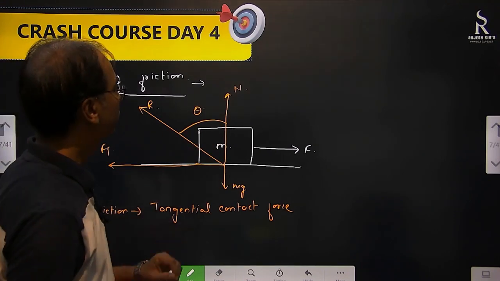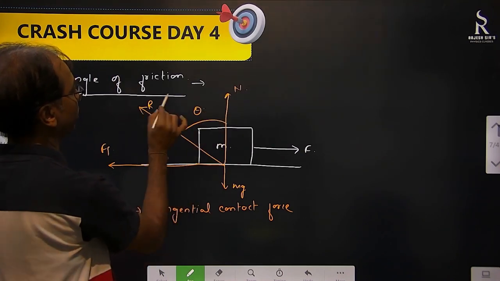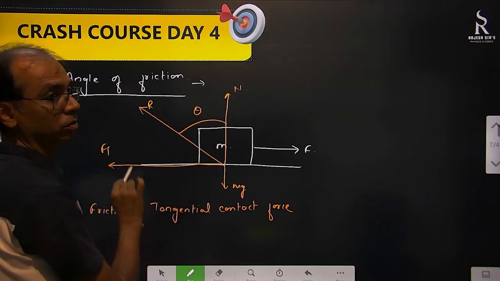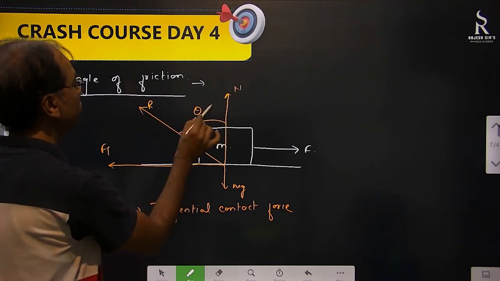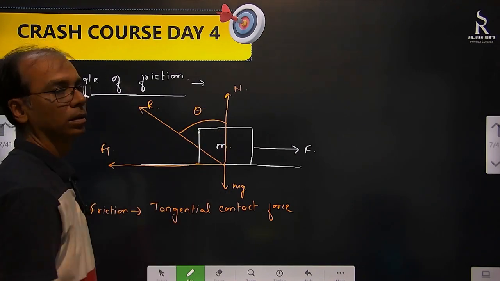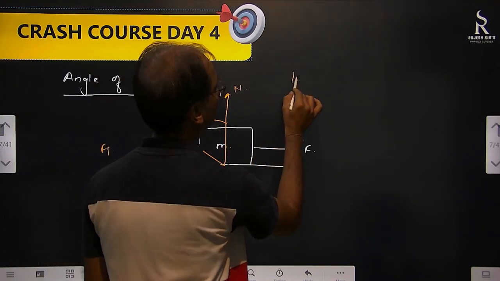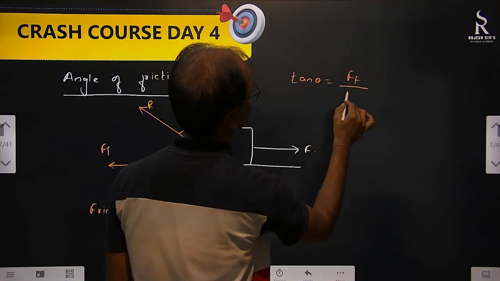Now tan theta will be what? If you see this, if force of friction I replace at the top here according to the parallelogram law, then tan theta will be force of friction by n.